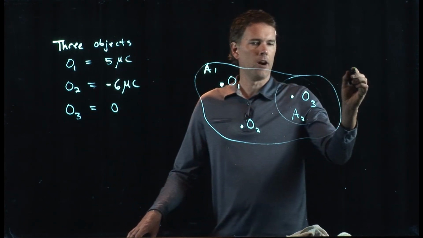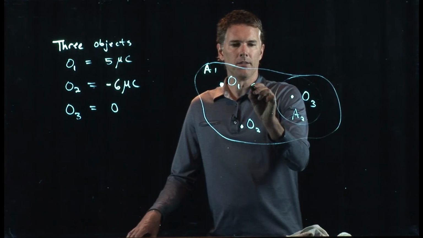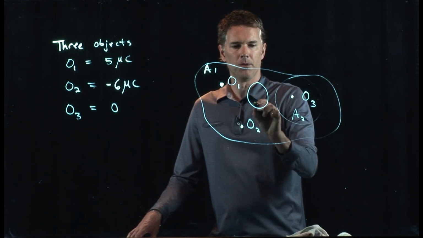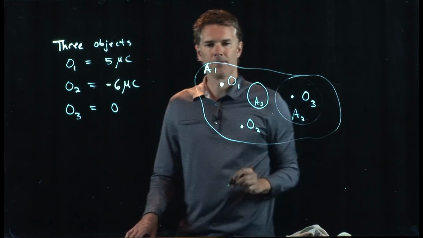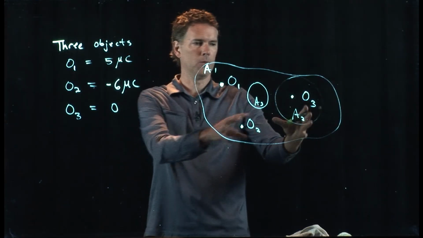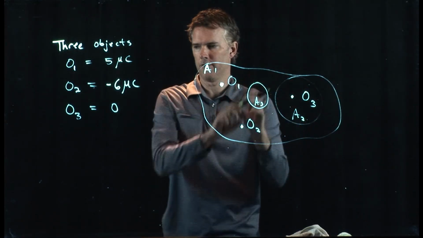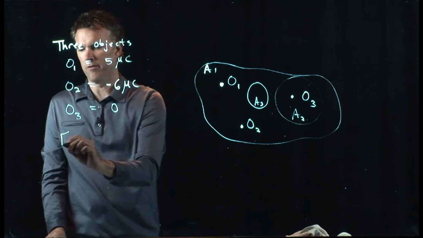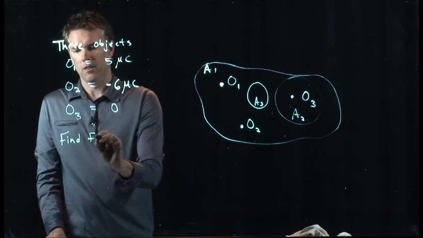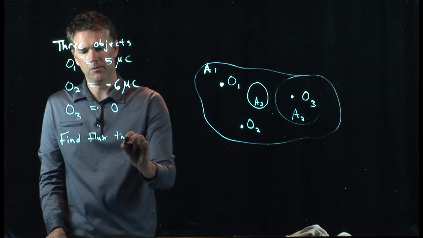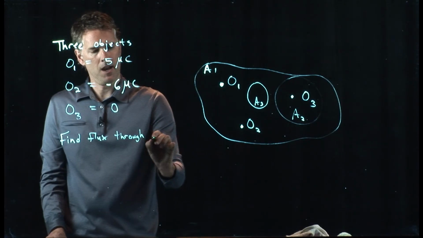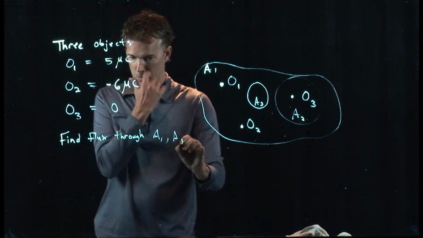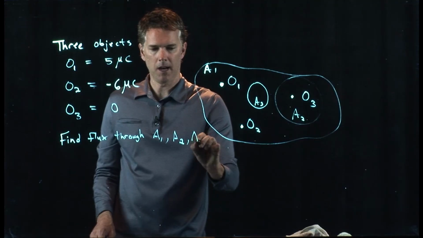And then let's ask a follow-up question, what is the flux through area 3? Okay, so we have a big sort of peanut. We have a sphere here for A2, we have a sphere here for A3. And we want to find the flux through area 1, area 2, and area 3.